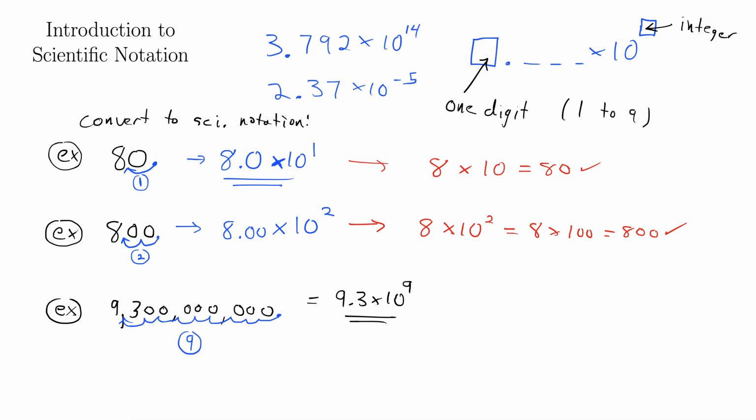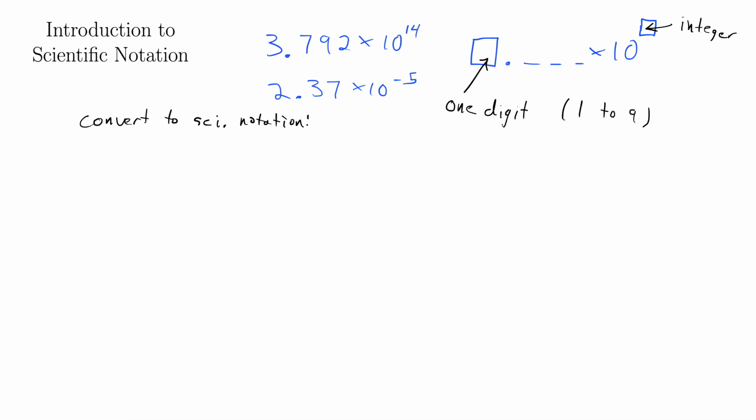Let's see how scientific notation works for really small numbers. We might have something like 0.8. That's not quite in scientific notation. For it to be in scientific notation, we have to have one digit to the left of the decimal, always.